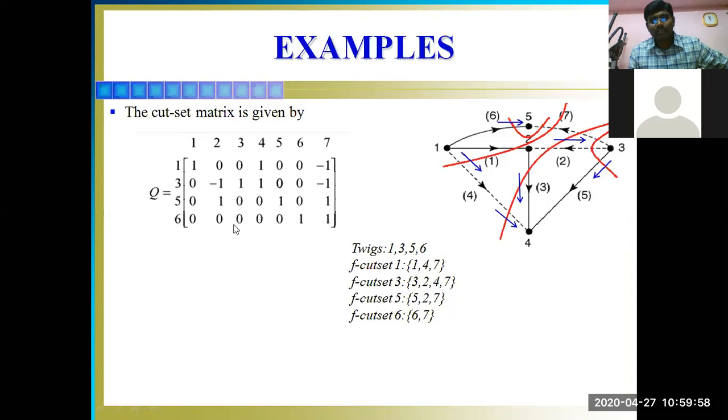Now coming to the sixth. Sixth cut set, 6 and 7 removed. The sixth is entering into the node. The 7 also entering into the node. So therefore, for 6 and 7, it is plus 1.